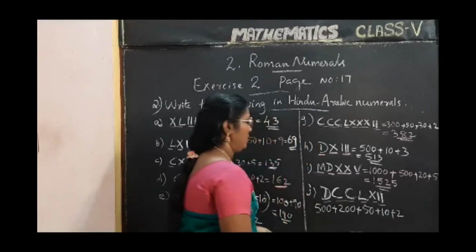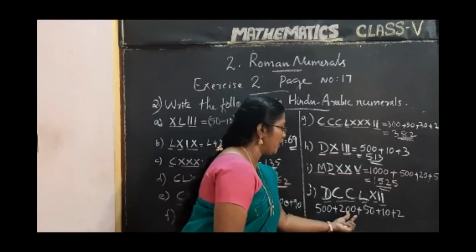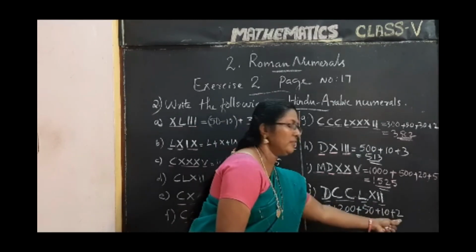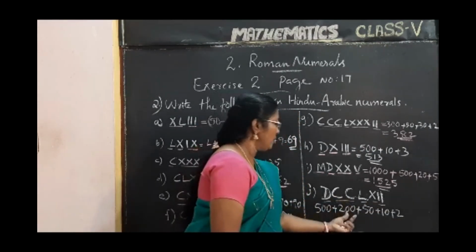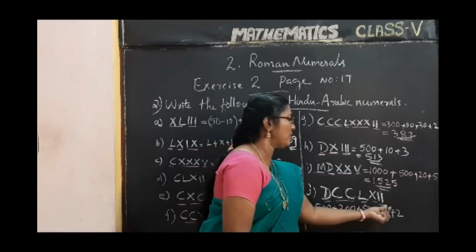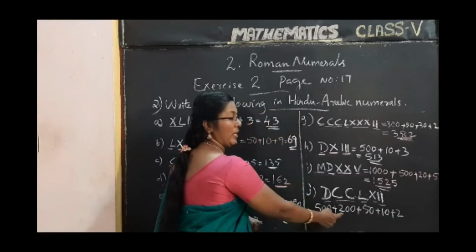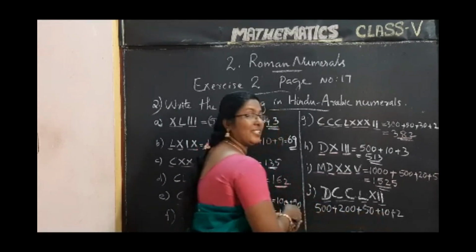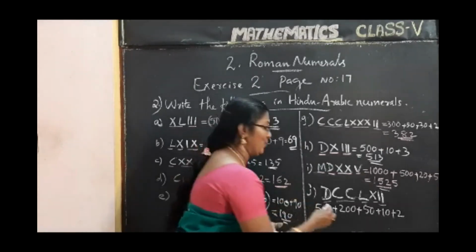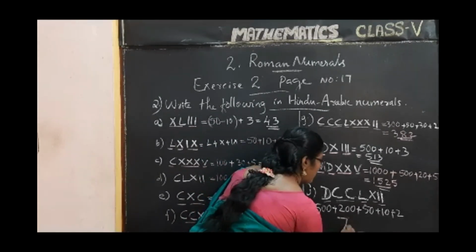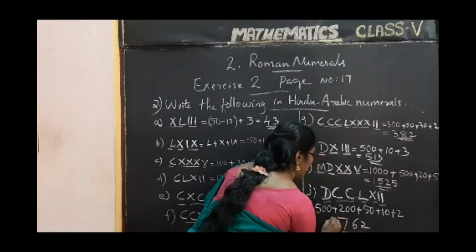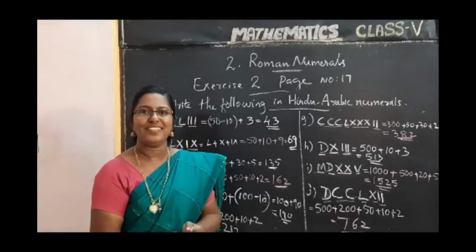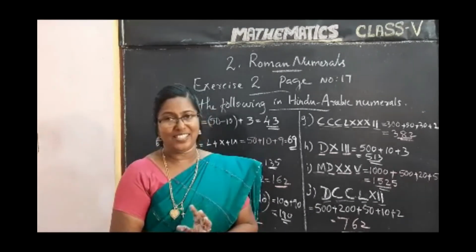Okay. 500 plus 200 plus 50 plus 10 plus 2. 500 plus 200, 700, 750, 760, 762. Okay, the answer is 762. Clear? Okay, today's class is over.